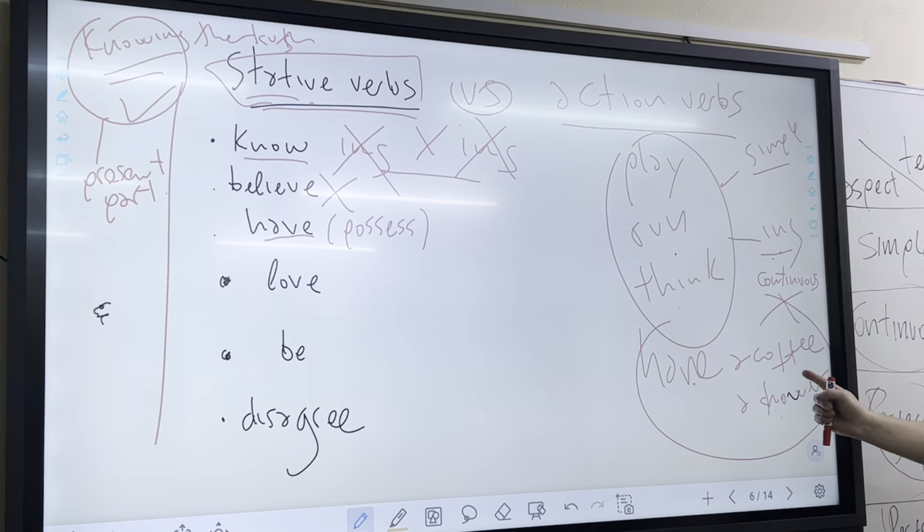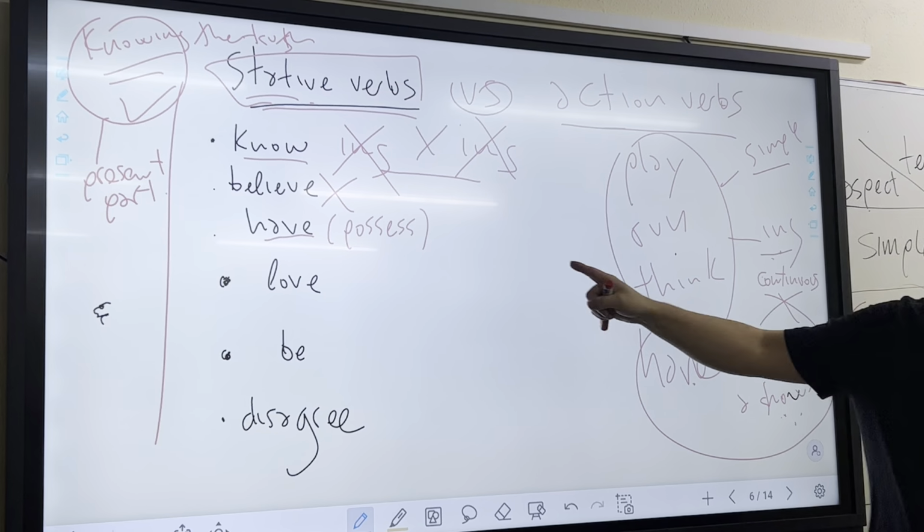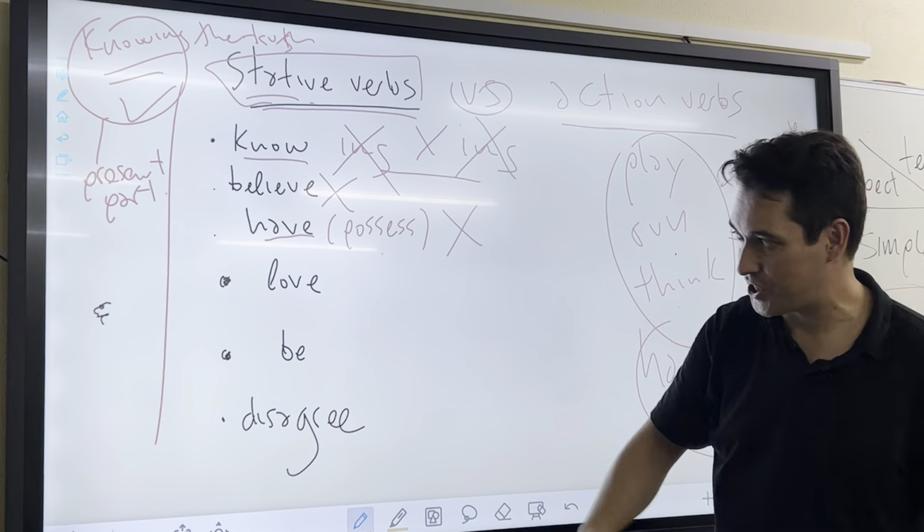I'm having a coffee, I'm having a shower. Does it mean that you possess the shower? No, it means that you're having an action. But can you say I'm having a car? Do you have a car? Yes, I'm having a car. No, you're not drinking or eating a car. You have a car. So when it means to possess, no ing.